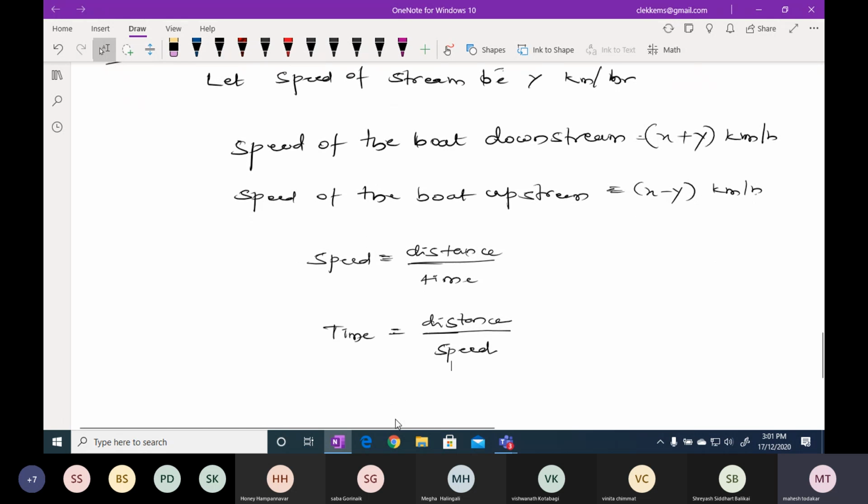Now, one by one will be calculated. In the first case, when the boat goes 30 kilometer upstream, let the time taken in hours be t1.